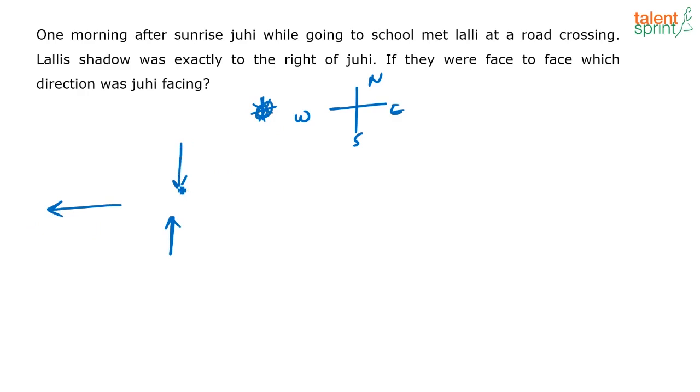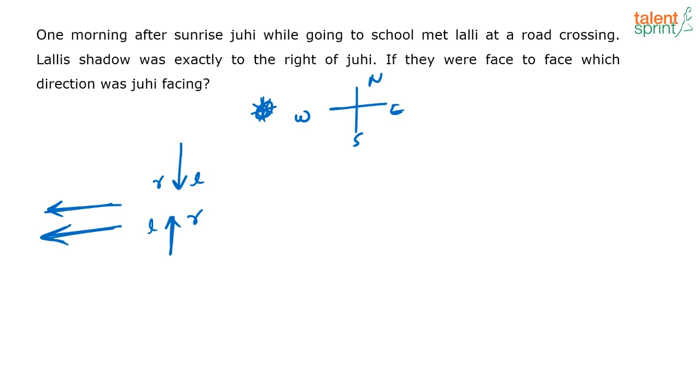Now whoever is the person standing here, this is going to be their left and this is going to be their right. Similarly, for the person standing facing the north, this is going to be their left and this is going to be their right. So now first let's fix that. Then see, this person's shadow is in this direction, and this person's shadow is also in this direction. Both the shadows are going to be in the same direction.